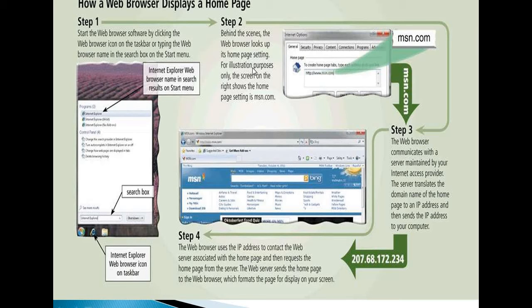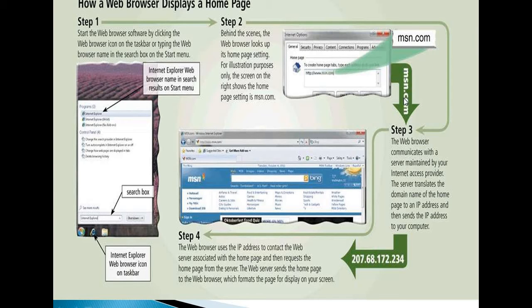Now in the second step, the web browser looks up its home page settings, and the screen on the right shows that the home page is msn.com. The page you want to browse shows in the second step as the home page, that is msn.com.